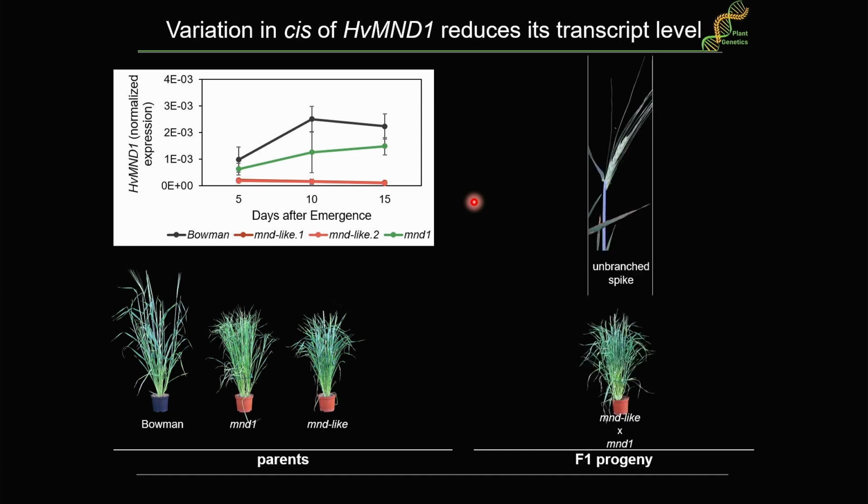So we crossed these two, and what we found, they cannot complement each other, meaning that they might be allelic. And the phenotype that we saw in the F1 plant was resembling the MND-like phenotype. So not the severe phenotype, but the rather mild phenotype.